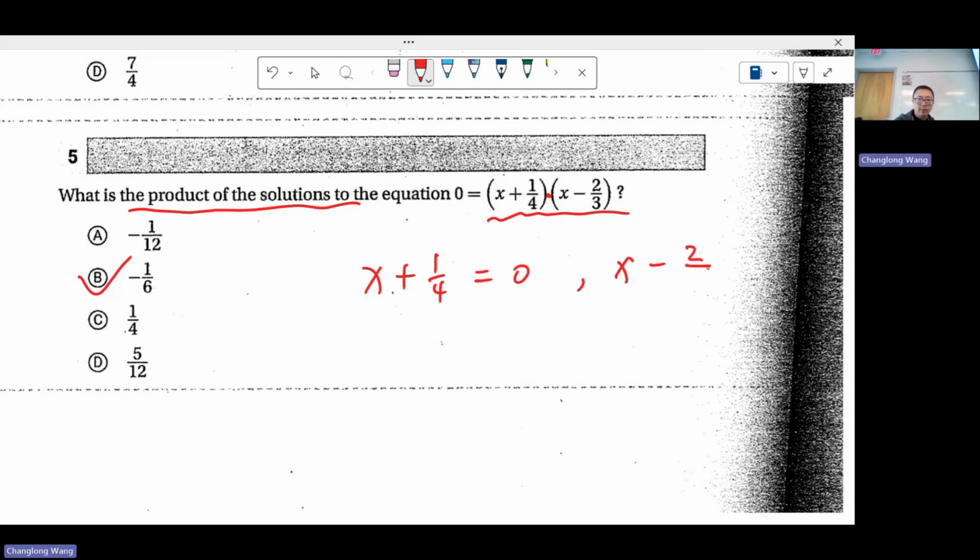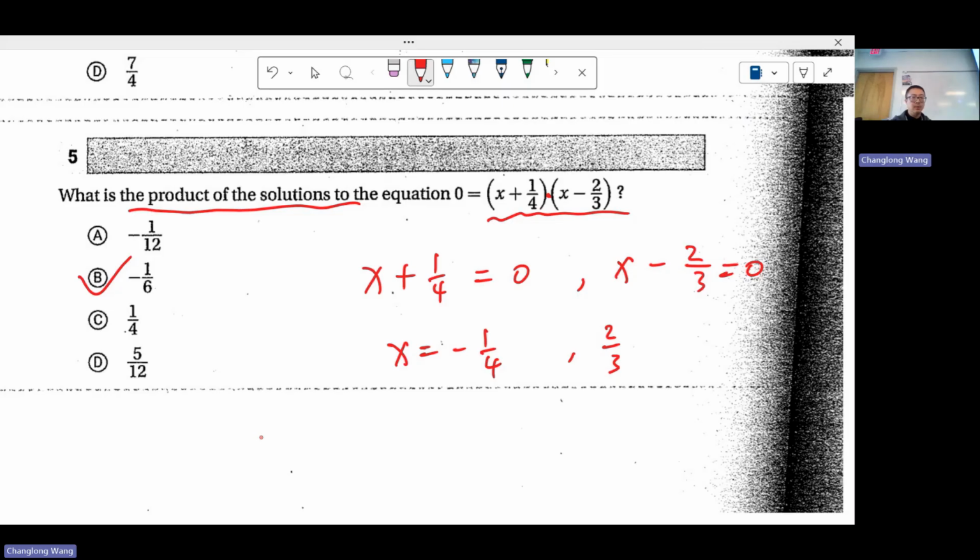You can pretty much just read off the solution, but make sure that you flip the sign. So x is negative 1/4, or positive 2/3, and then just go ahead and multiply them.